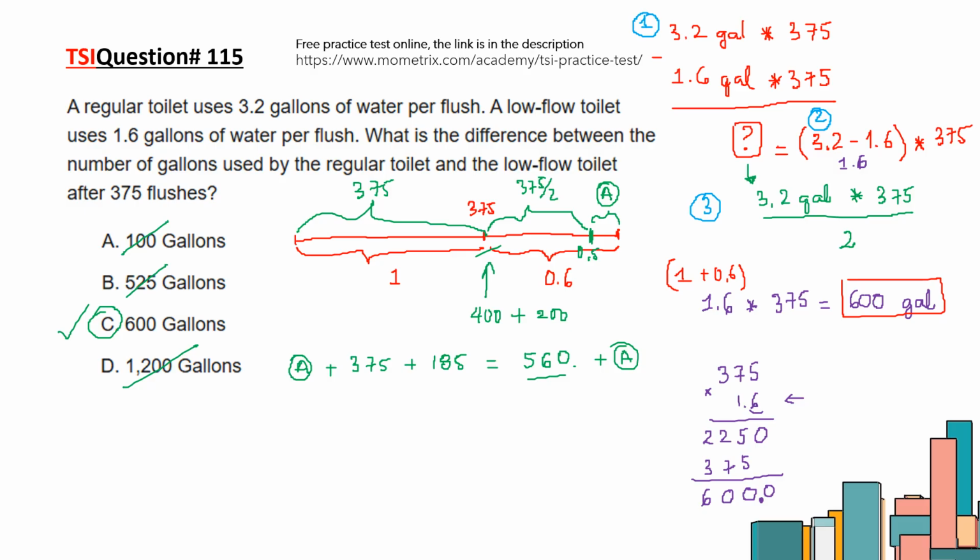To make it more clear, right here I will do 1 plus 0.5 plus 0.1. This part is the whole thing, my 1. And then this part right here is my 0.5. And then this small part right here, part A, that is 0.1.